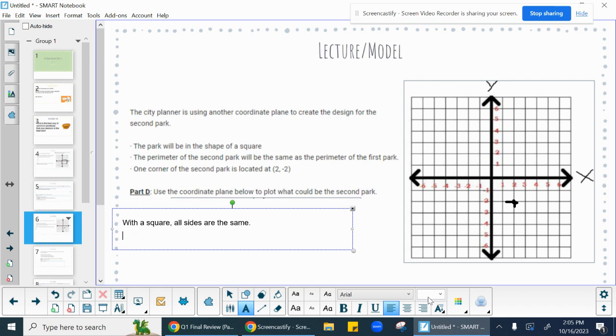Okay, and we know that the perimeter has to be the same as the first park, which is 20. So let's think about this. If the perimeter is 20, we need to first divide the 20 by 4 sides.